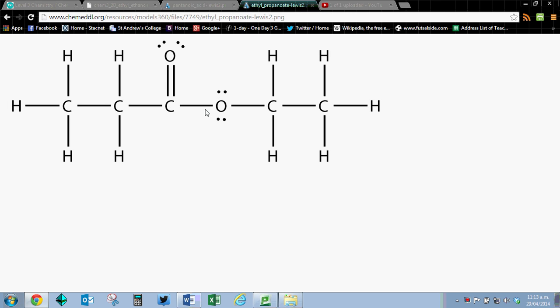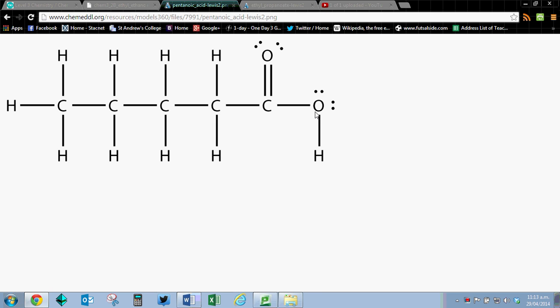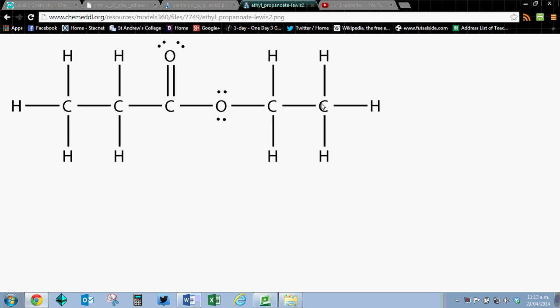They also have CO single bonds in them, so that's probably going to be quite similar. However, what's different is that the pentanoic acid has an OH, which the ester does not. So I could expect a different peak in there.